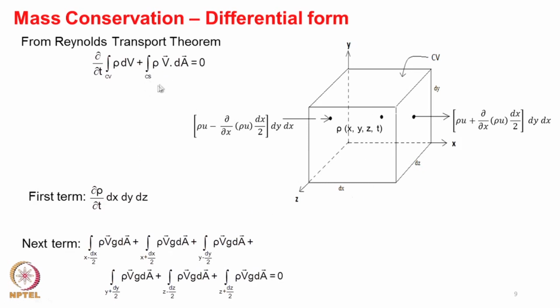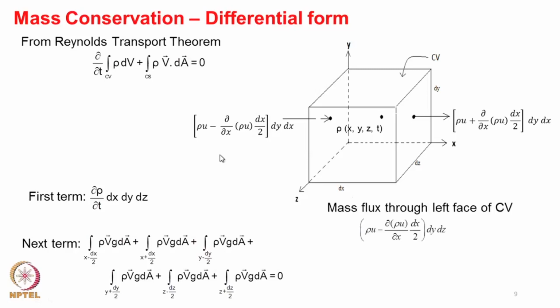So, this term is accounting for the mass flux through the control surface, and you find the term for each of these faces. x minus dx by 2 will be the left face, x plus dx by 2 will be the right face. Similarly, y minus dy by 2 will be the bottom face, and y plus dy by 2 will be the top face. Similarly for the front and back. So, there are 6 terms for this cuboidal element that you have considered.